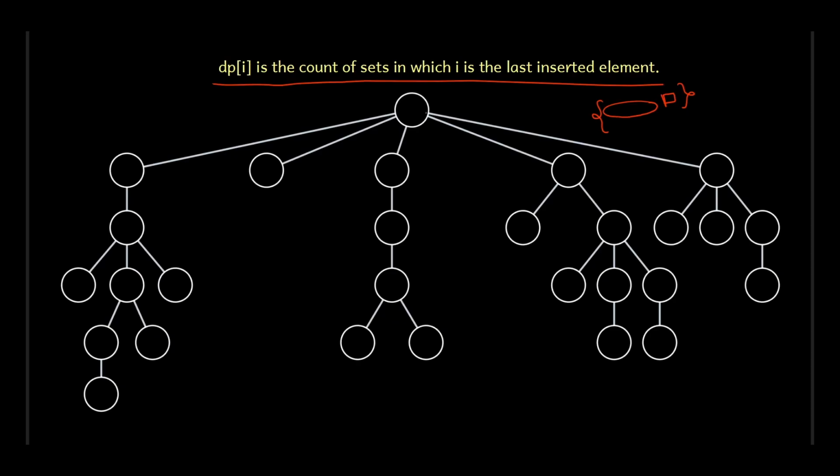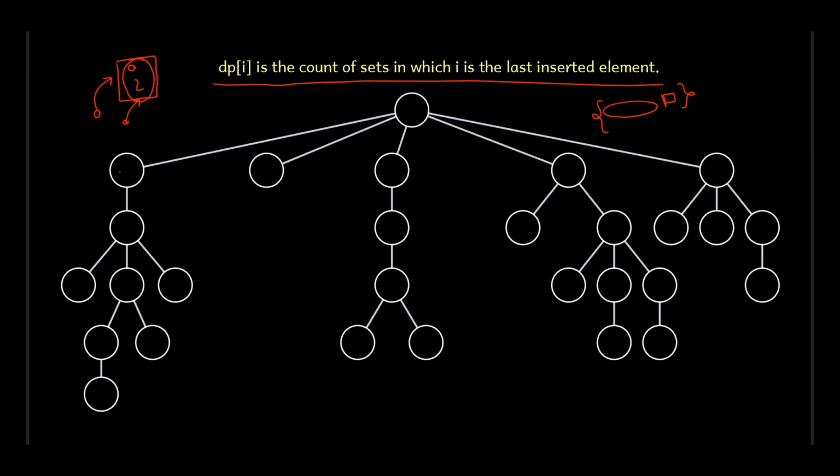Here we are saying that suppose the process will end when the node I enters the set. So tell me how many ways are there for node I to enter the set. If node I is entering this set, it will of course act as the pivot at that point of time, because only the pivots get added to the set.